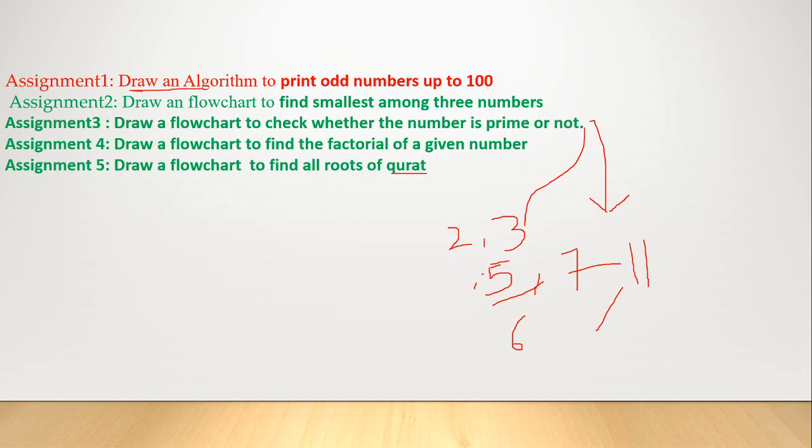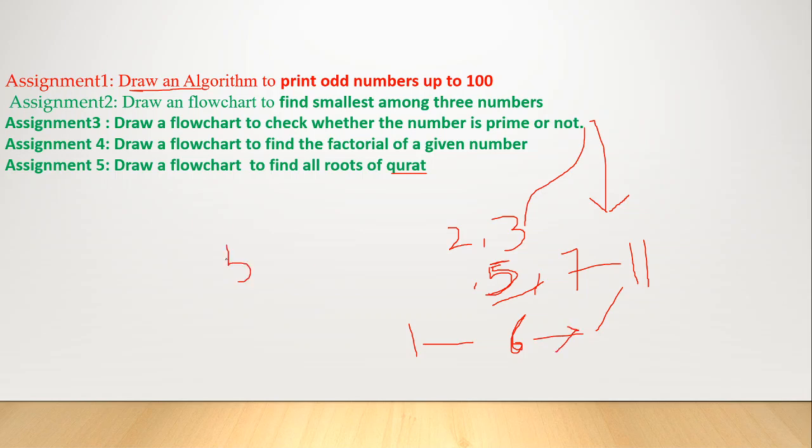So we actually check all the numbers in between. Suppose we have input the number 6, and we have to check from 1 to 6 whether the number 6 is divisible by 1 to 6 or not. If it is divisible, that means the number is not a prime.